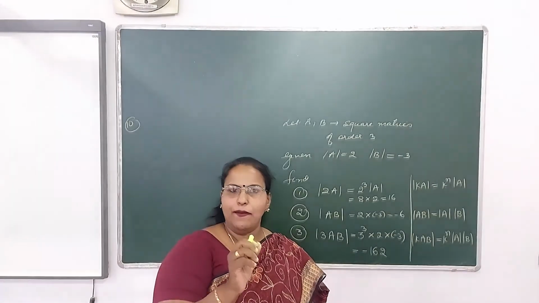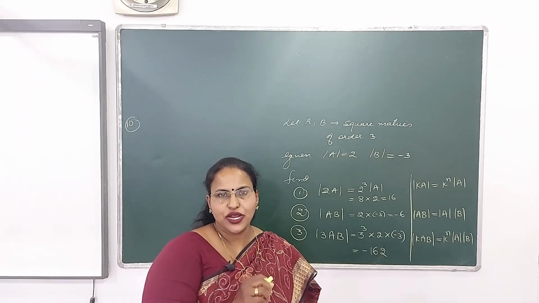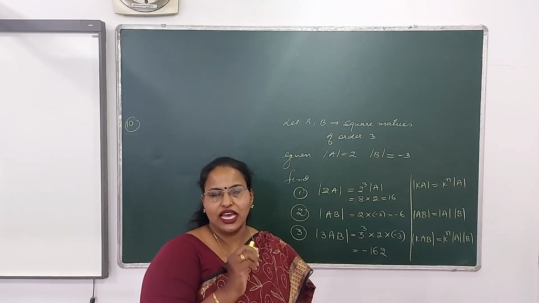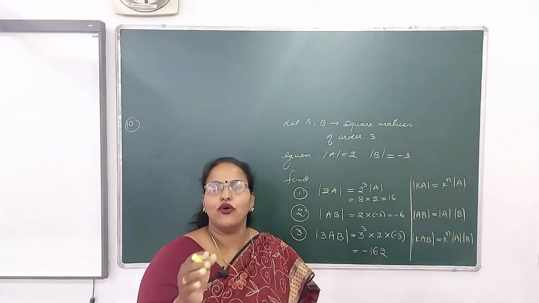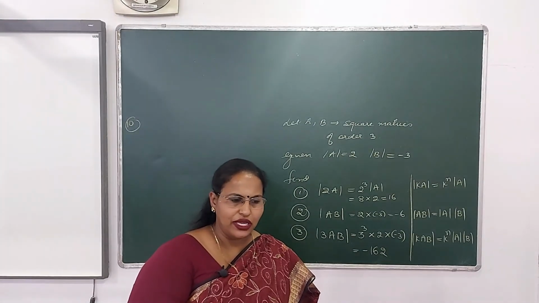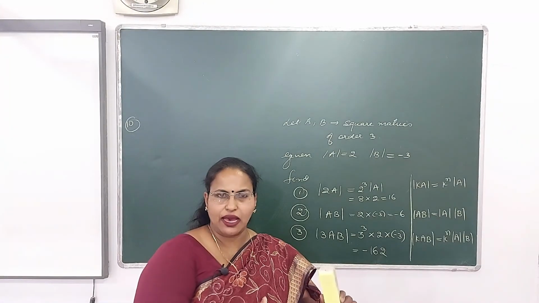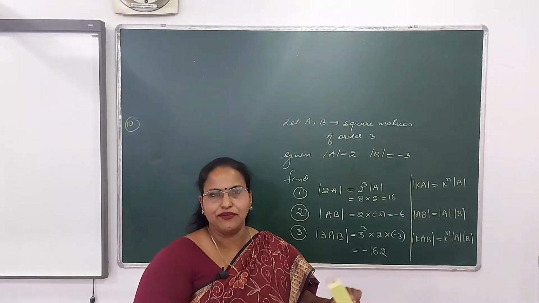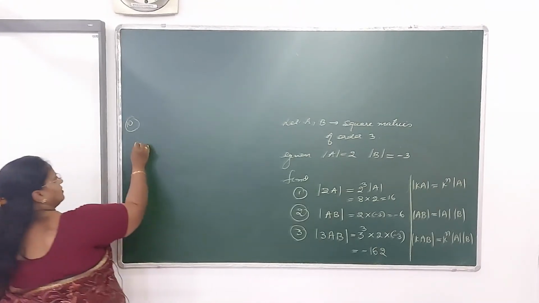Then if any particular row or column is expressed as a sum of two or more terms, then we can express the determinant as a sum of two or more determinants. So this is a very important property. Normally students don't understand it and they apply it wrongly. So you should understand the basic concept of this. So see the property what it says.